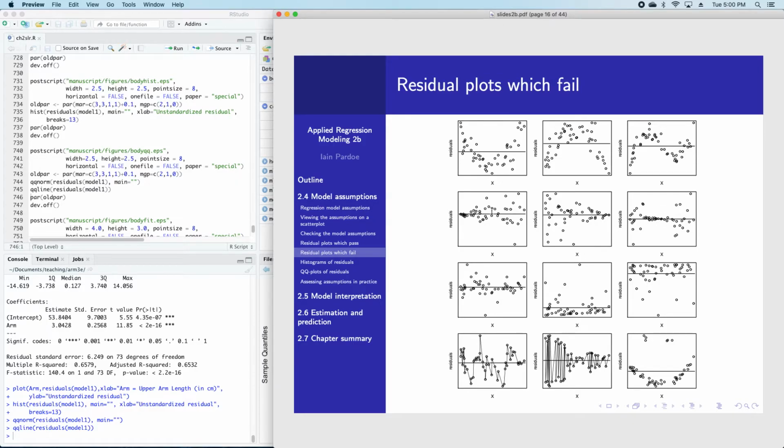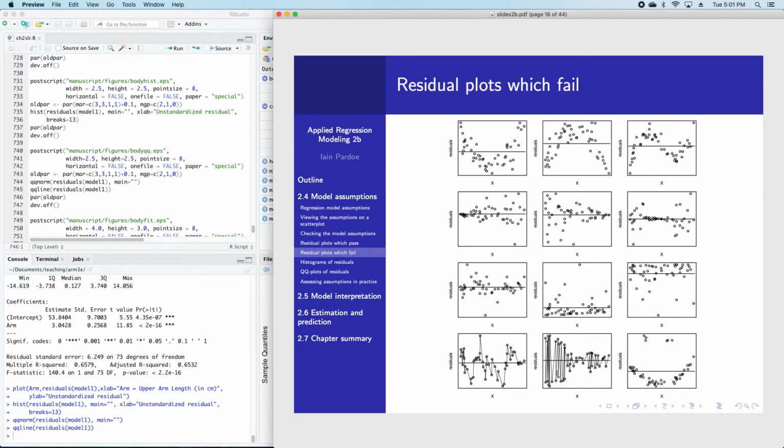So all three of these violate the constant variance assumption. These ones in this row actually violate the normality assumption. It's a little bit hard to see in this scatter plot, so we'll see plots of these data sets in the next couple of slides when we look at histograms and QQ plots.